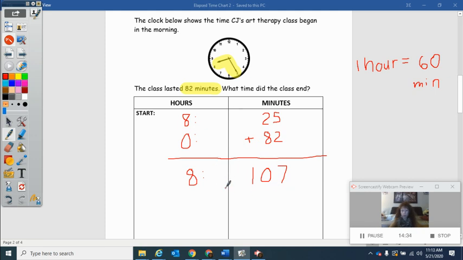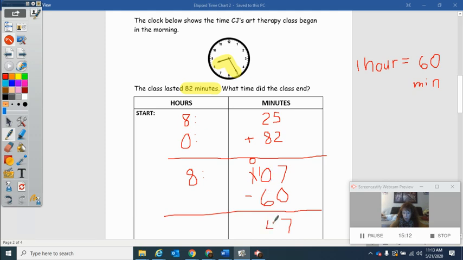Well, I'm going to regroup. So I'm going to take away 60 minutes here. If I take away 60 here, 7 minus 0 is 7. 0 minus 6, I'm going to borrow from this 1 here, make that 0, bring my 1 over and make that 10. 10 minus 6 is 4.